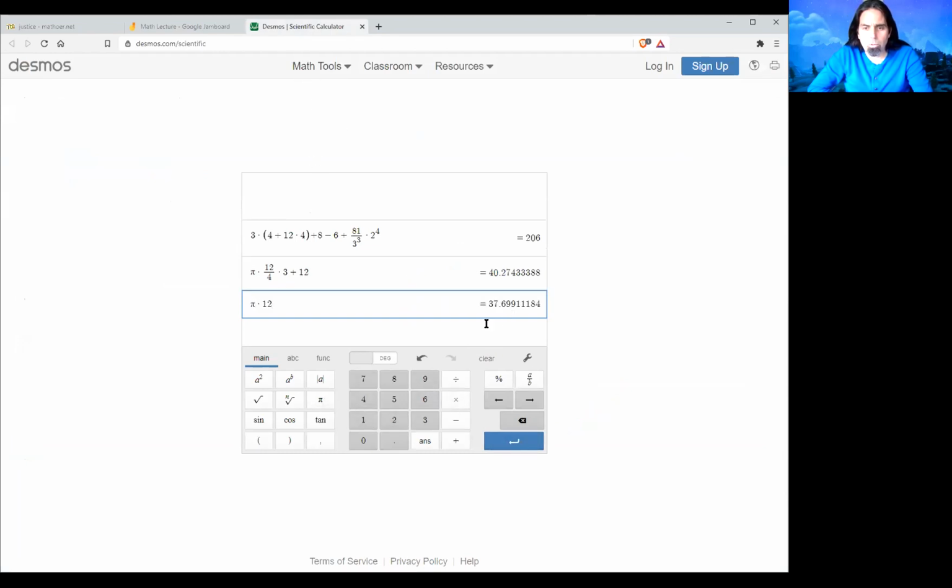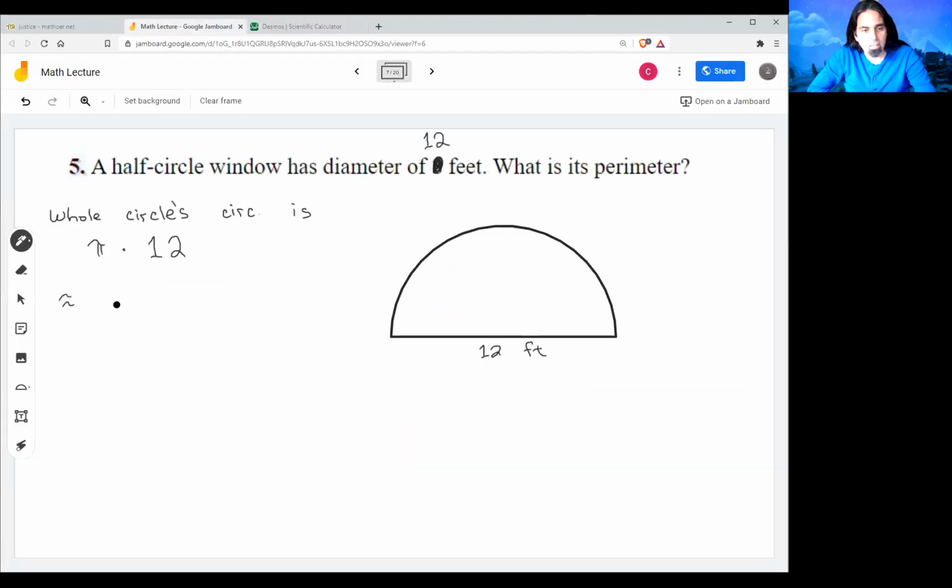So about 37.7. And again, keep hollering when I do it wrong. Okay. So what is just this part? Well, you divide it by 2.